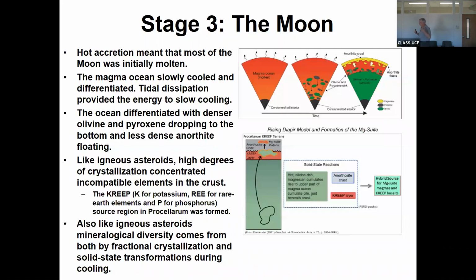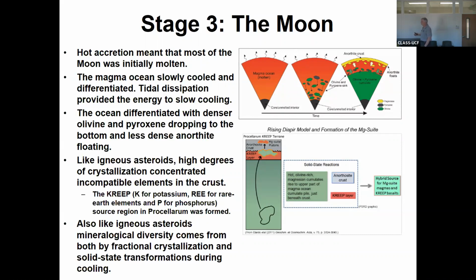The next 3 or 4 lectures are going to talk a whole lot more about the geology and the evolution of the moon. I'm going to stick to the implication for mineral evolution. So hot accretion meant that most or even all of the moon was initially molten, probably just most.